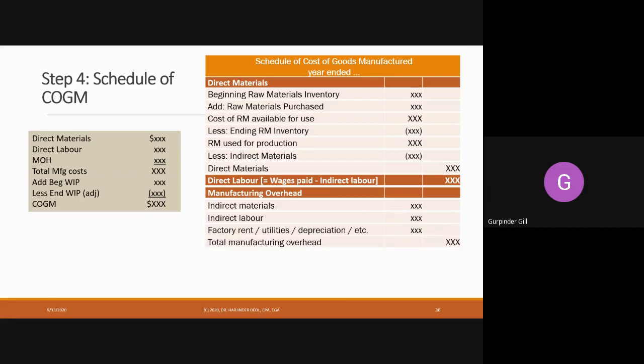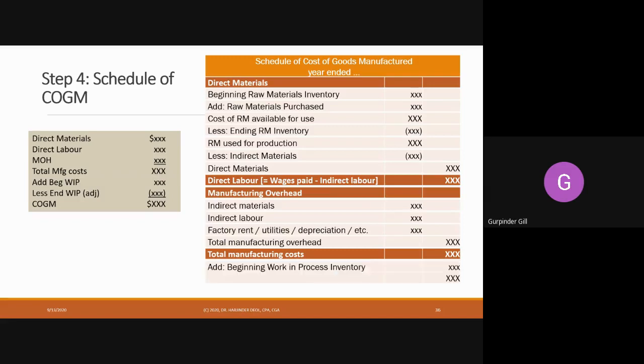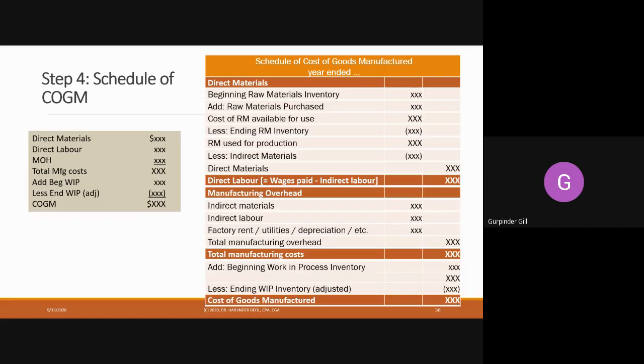That gives us our total manufacturing overhead cost, which is made up of direct material, direct labor, as well as total manufacturing cost. If we add our beginning work in process and deduct our ending work in process, which is the adjusted number from your T account, then we would have the resulting cost of goods manufactured in this case.